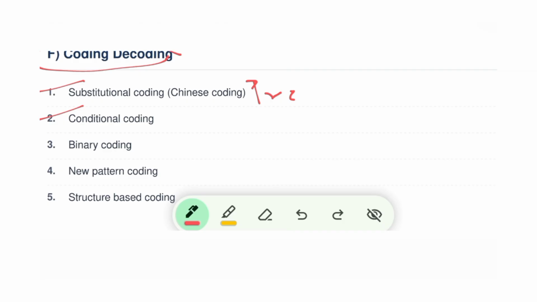Then the second type is conditional coding, where there are some conditions and we have to follow them one by one and solve step by step. The third is binary coding, with the 0 and 1 concept. Then the fourth one is new pattern coding. It can be dicey sometimes, so we will skip it initially. Then the fifth is structure based. These are all five types.